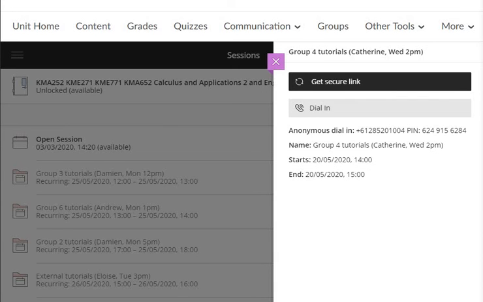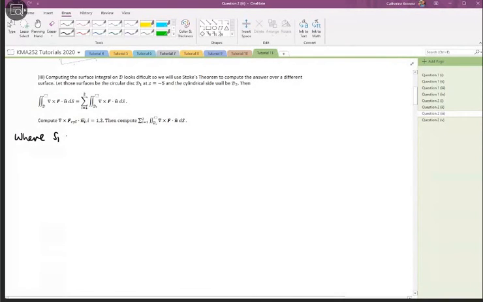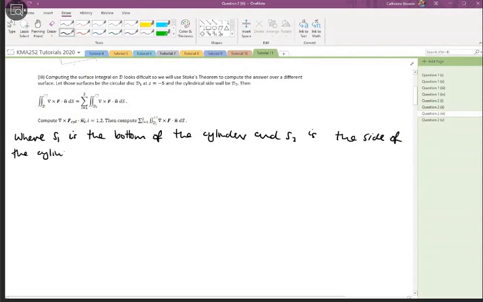So rather than computing that over that difficult, wavy blue surface, we're going to compute it over the sum of surfaces, where S1 is the bottom of the cylinder and S2 is the side of the cylinder.